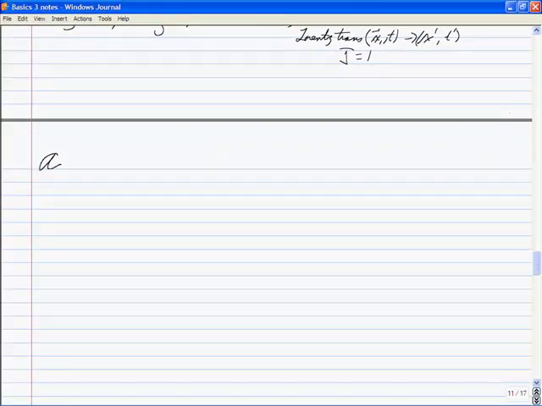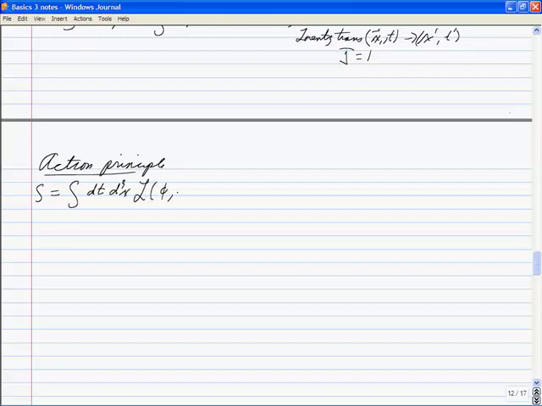Okay. So the action principle. Previously we had the action as the integral dt d3x of this Lagrangian density, which is a function of phi, d0 phi, del phi.